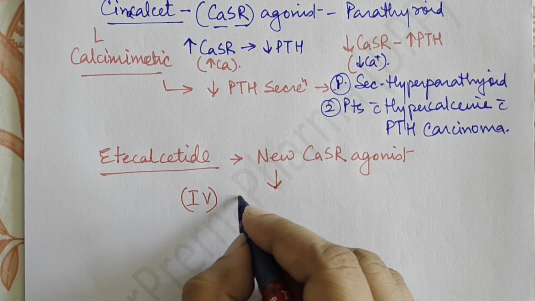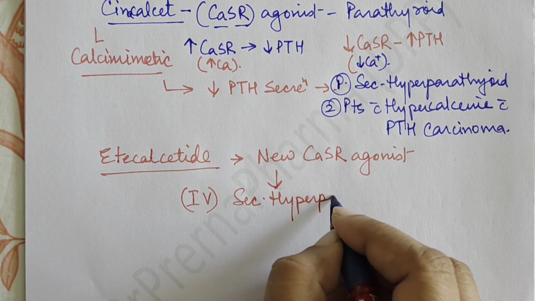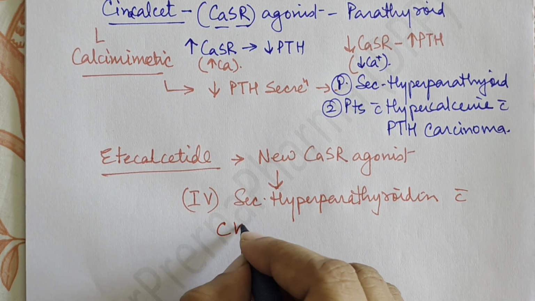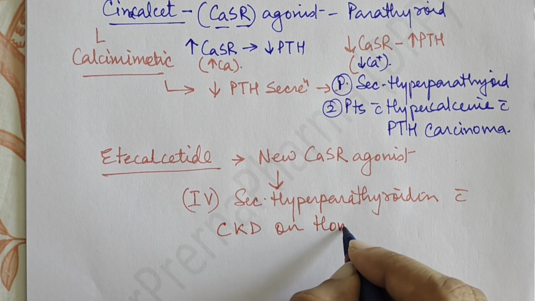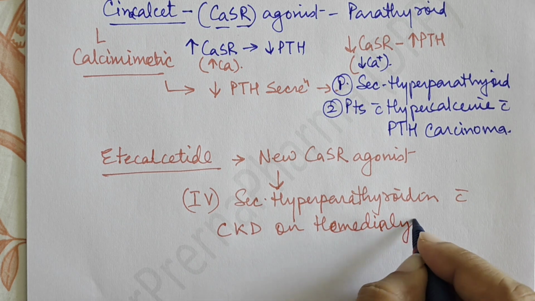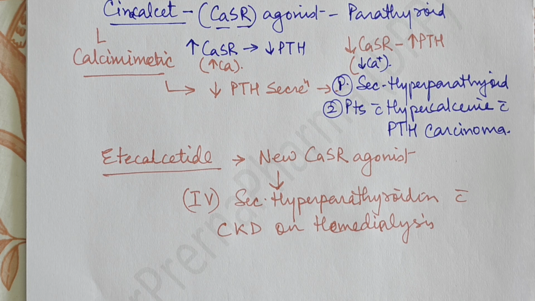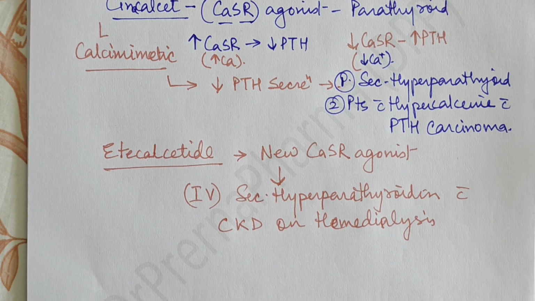It is used IV in secondary hyperparathyroidism with chronic kidney disease and patients on hemodialysis. So this is the profile of patients on which etelcalcetide is used.